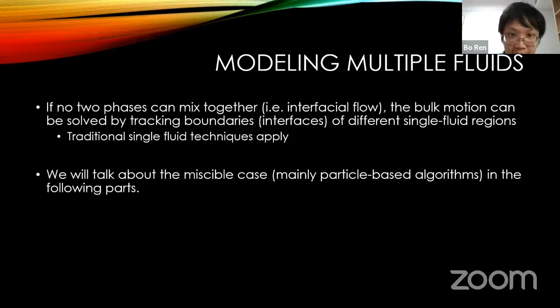You can track the surfaces, or you can handle the boundary conditions to get a good simulation of these interfacial flows. But if they can mix together, things become more complicated.